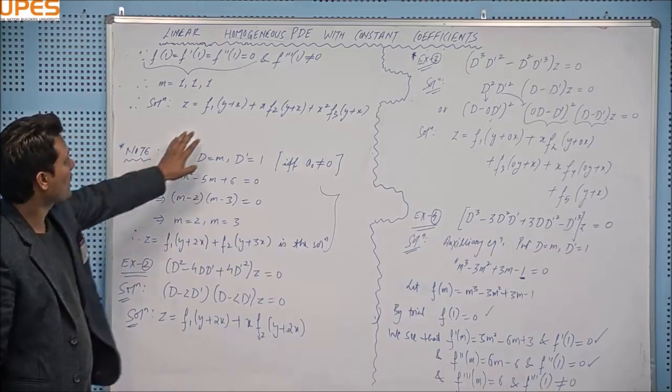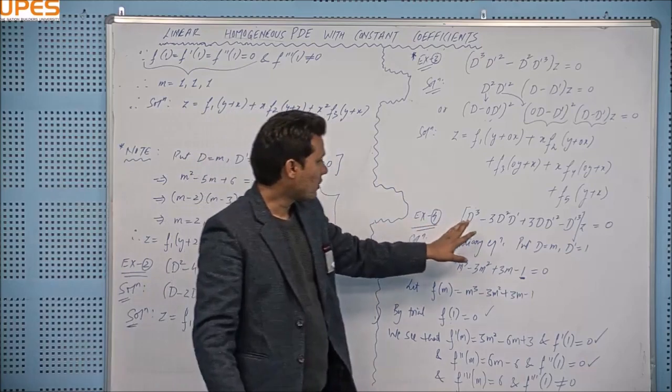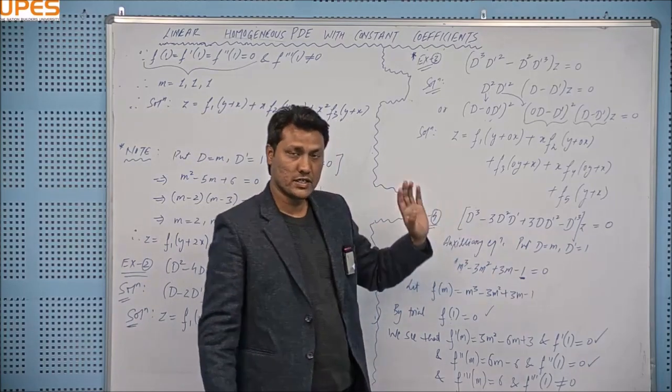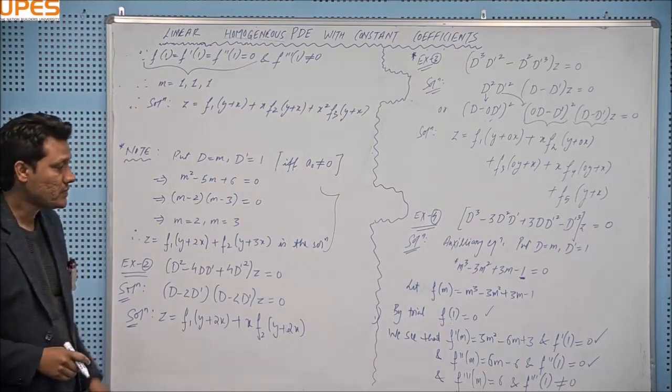See how many arbitrary functions there are: 1, 2 and 3, and indeed the order of the equation was 3, meaning a third order equation has 3 arbitrary functions, right?